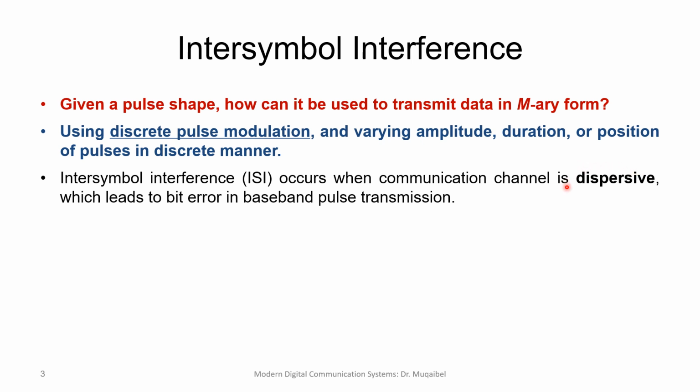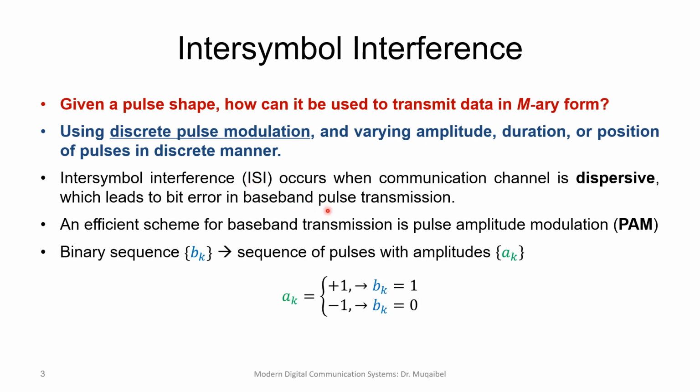The bandwidth is less than the bandwidth of the signal that we want to transmit. And once the pulses go through dispersion, they will expand in time, and that will cause error. Pulses will interfere with each other, and that's what we see in baseband pulse transmission.